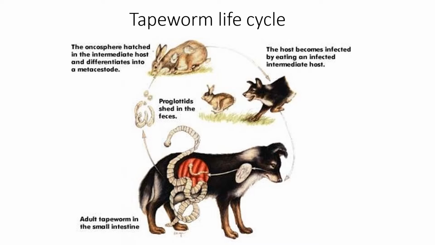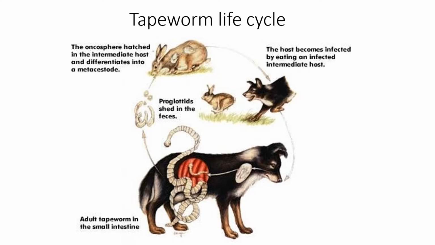When these proglottids enter the dog intestine, they take the shape of an adult tapeworm, and you can see the tapeworm, the scolex is present and the whole segmented body.